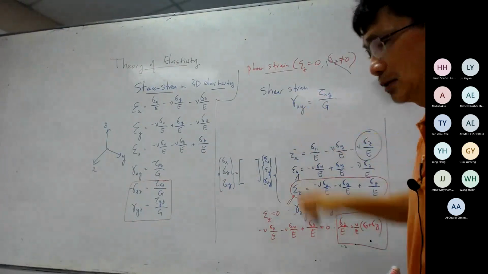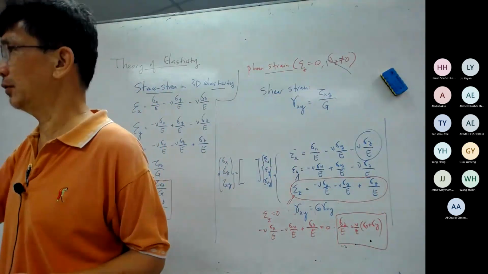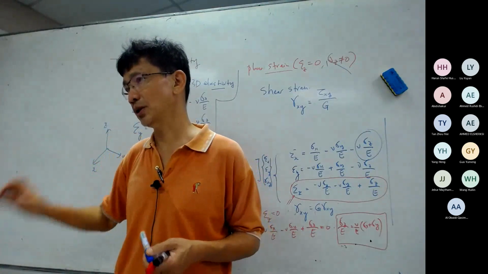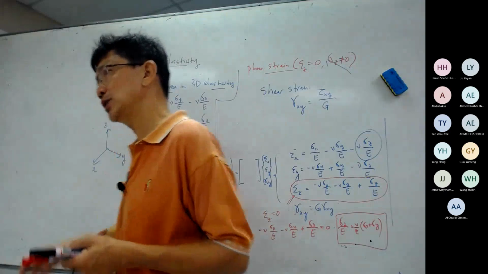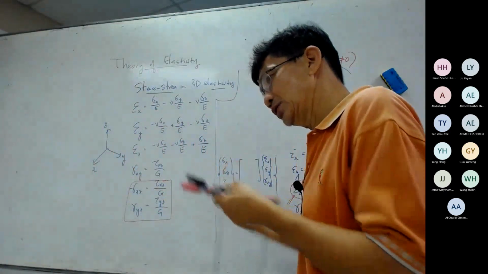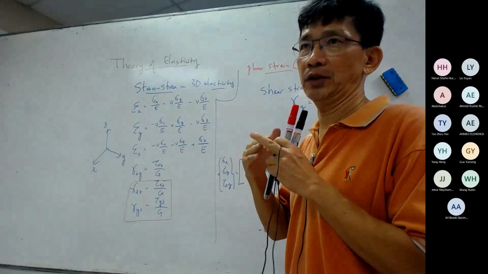But remember, gamma xy also is a distortion of an infinitesimal element. So we can make use of the geometry aspect, which is one element in the xy plane. When it is distorted, we have a change in angle of that element.